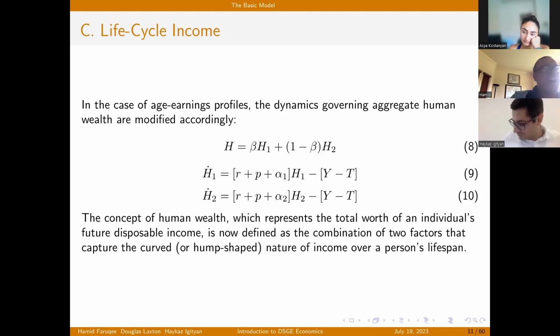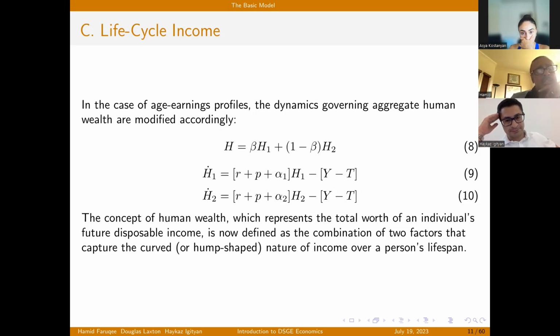In terms of the economics, adding income profiles actually will increase the discount factor, the private discount factor in the model. You can see it here in equations 9 and 10. You see R plus P plus alpha 1 and R plus P plus alpha 2.